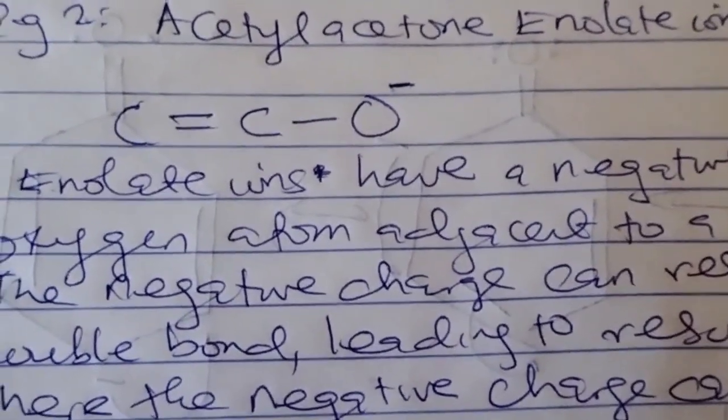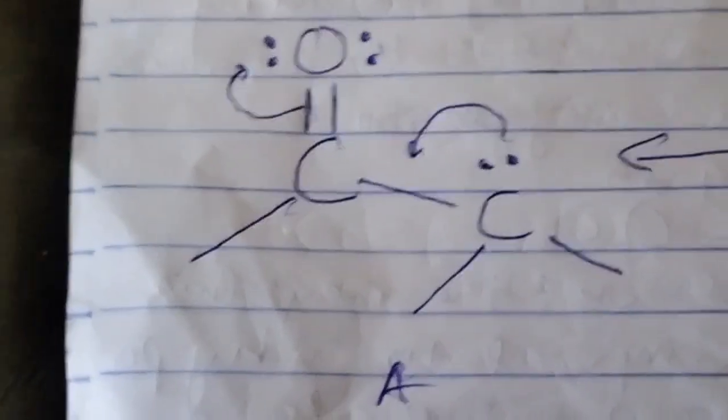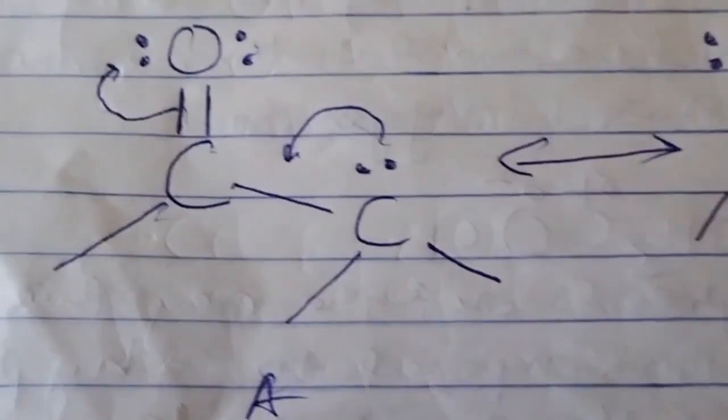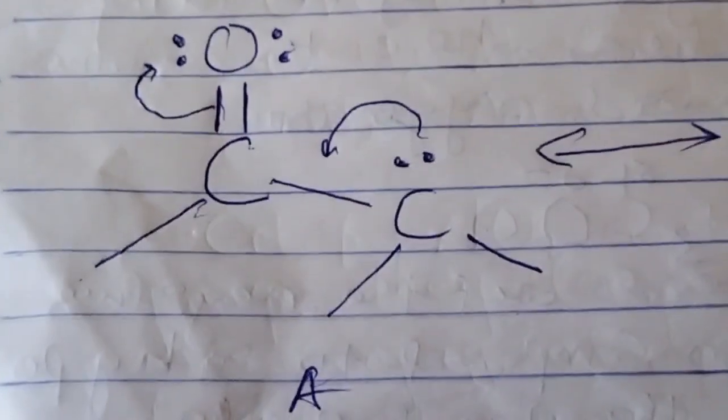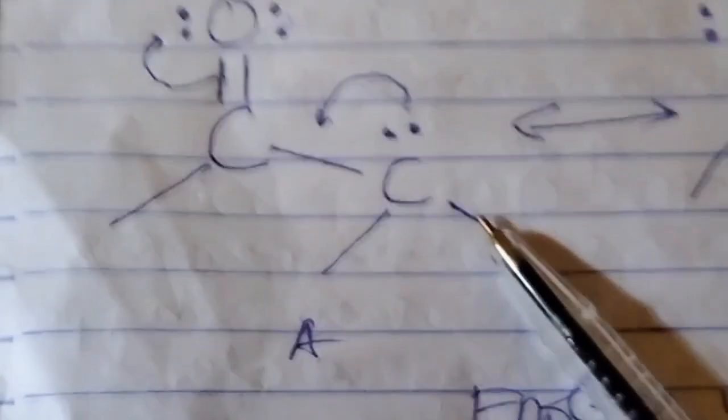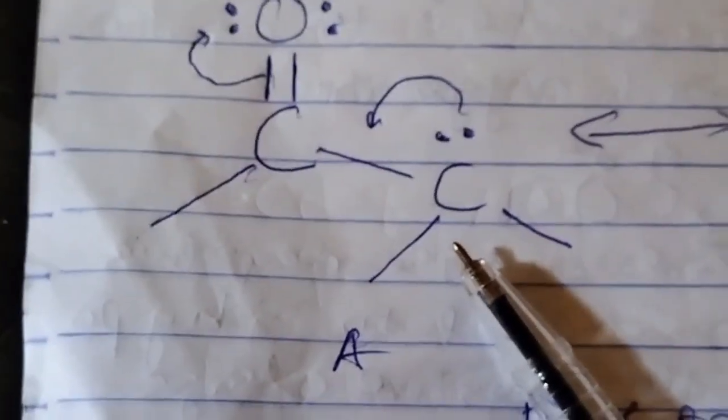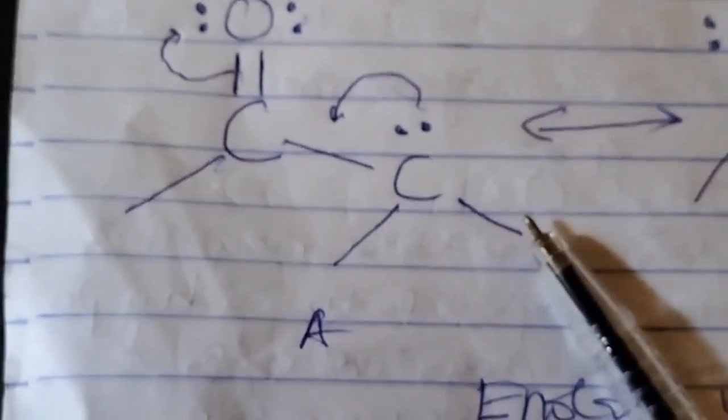So let's see the structure. You can see the enolate ion, one of the resonance structures. The carbon here, the valence of carbon is 4. You use one electron from a bond here, one electron from a bond there, and the electron from a bond on the other position.